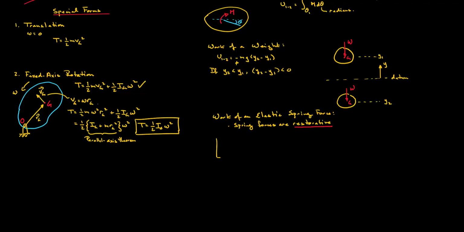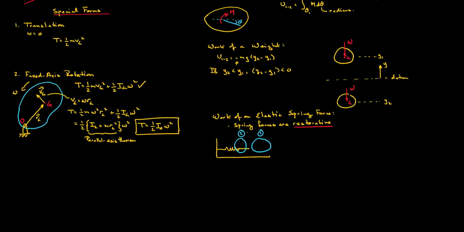We have a spring force. Well, let's draw the body first. So, body at position 1, and we'll have a spring attached here, and then the body is at position 2 over here.